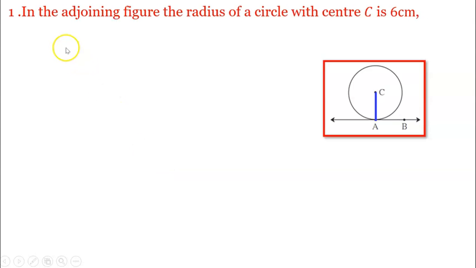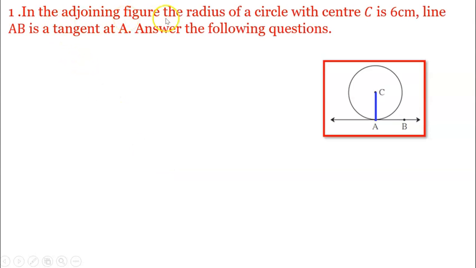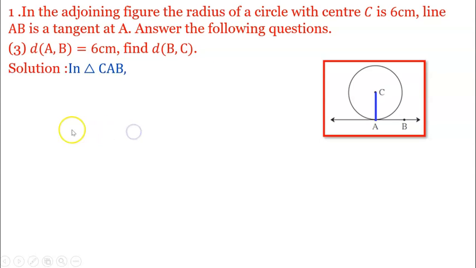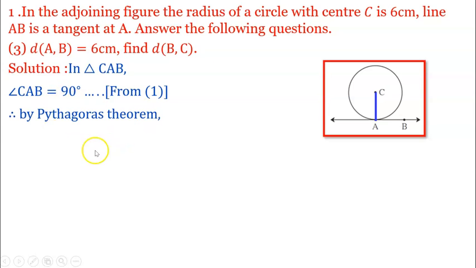Now next, in the adjoining figure, the radius of a circle with center C is 6 centimeters. Line AB is a tangent at A. Answer the following question. Distance AB is equal to 6 centimeters. Find BC. Now in triangle CAB, angle CAB is equal to 90 degrees, so by Pythagoras theorem, CB square is equal to CA square plus AB square.